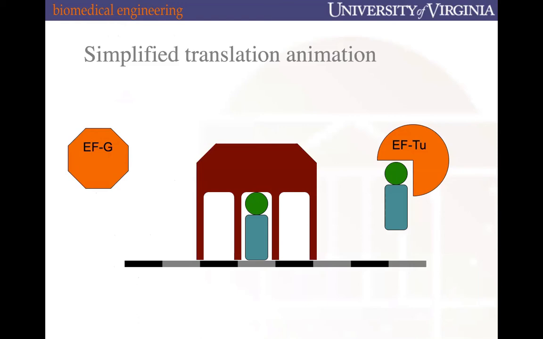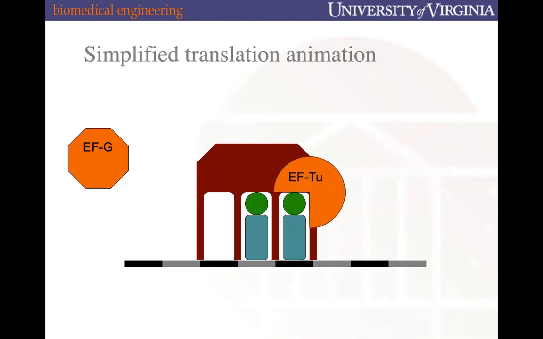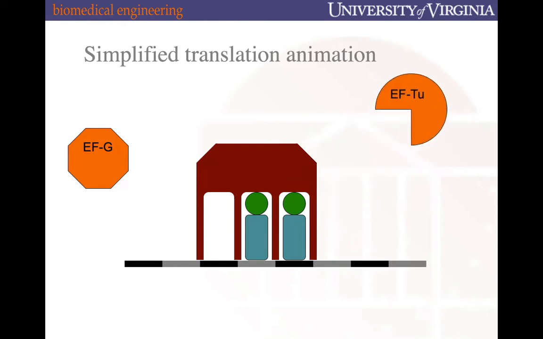So to try and illustrate this, we have our transfer RNA being brought in by elongation factor Tu, or EF-Tu. If it is the right corresponding transfer RNA, if its anti-codon matches with the codon in that A site, you'll have the hydrolysis of those two GTP molecules. The elongation factor will leave.